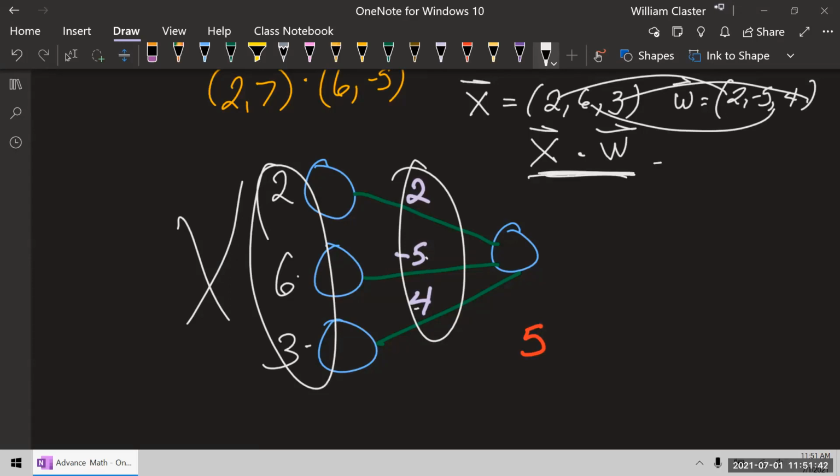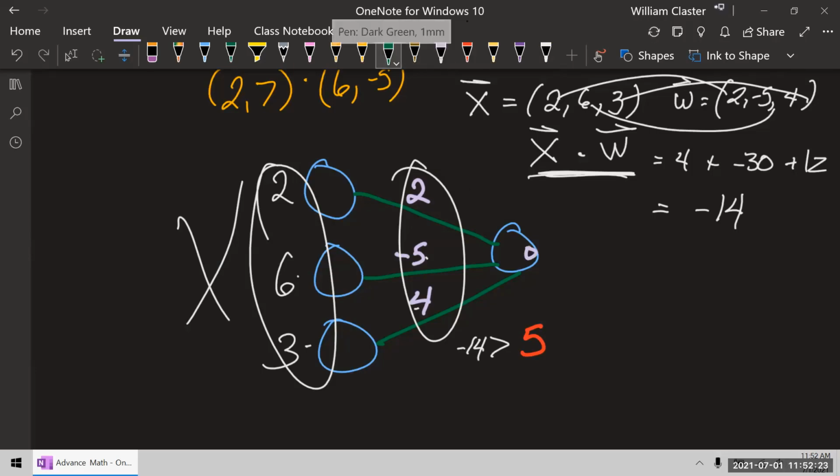We get 2 times 2 is 4, plus 6 times -5 is -30, and 3 times 4 is 12. So that's negative 14, right? Then we check the threshold: is that greater than 5? No, it's less than 5. So the output here would be 0.